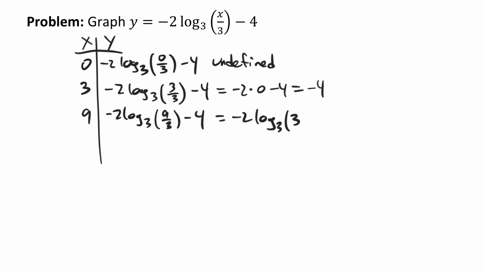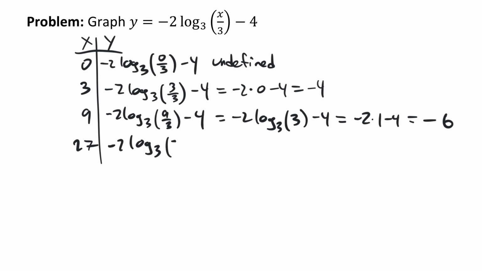There we go. That's going to give me 3. Log base 3 of 3 is 1, so minus 2 times 1 minus 4. That'll be minus 6. Now, if I wanted, maybe I'll do that 27 just to show. It seemed like a good point. I want to see here 27 over 3 minus 4.